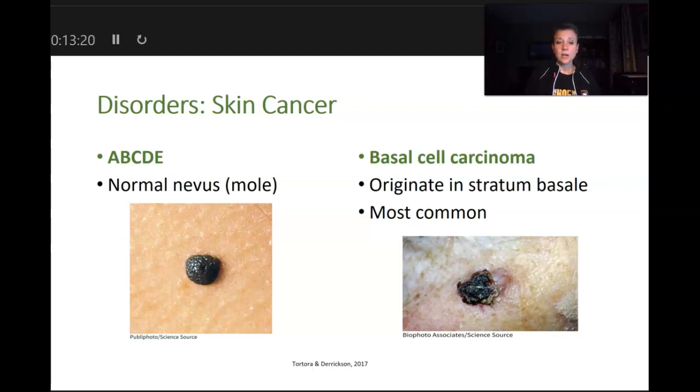And so on this slide, what we're looking at here on the left-hand side is the acronym ABCDE. And we're going to look at this more closely because this is what you should be using if you think you might have a malignant melanoma.